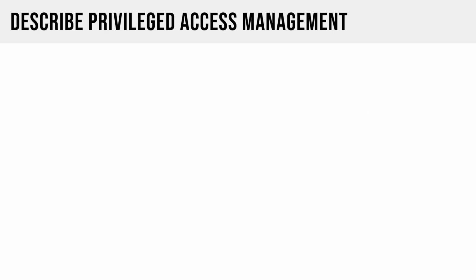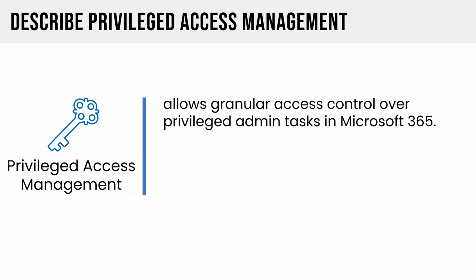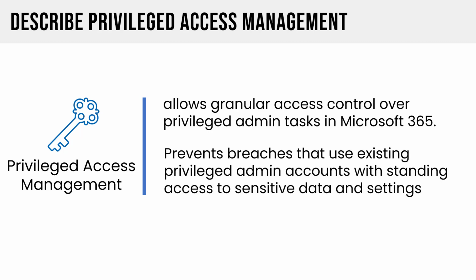Privileged access management. So it's important you understand the basics of privileged access management and privileged identity management. So PAM and PIM. So let's start with privileged access management. This allows granular access control over privileged admin tasks in Microsoft 365.